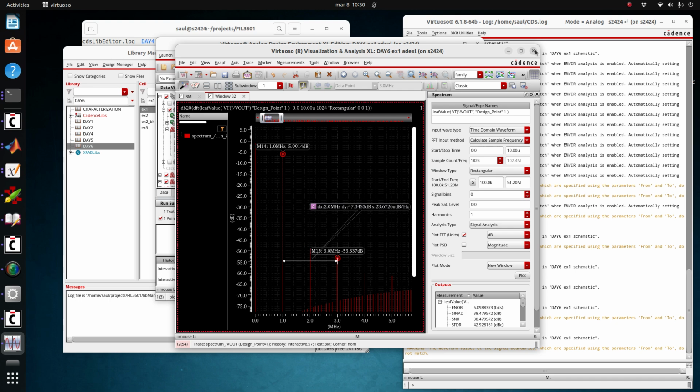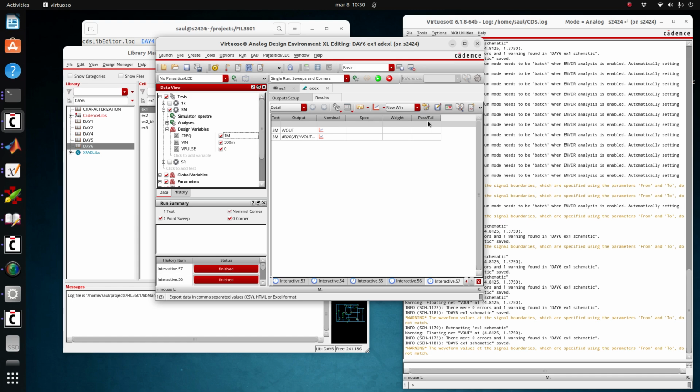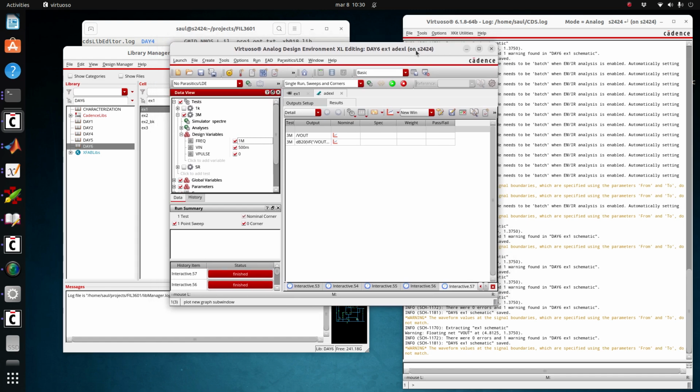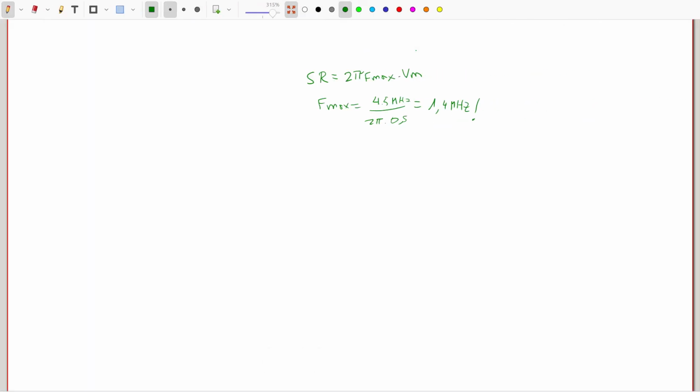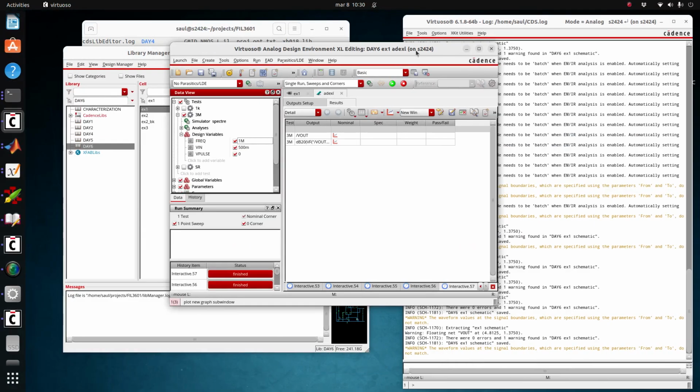So that is how we get a better frequency performance without slowing. Our limit was at 1.4 megahertz. So let's take a look at what happened at 1.4 megahertz just for curiosity.